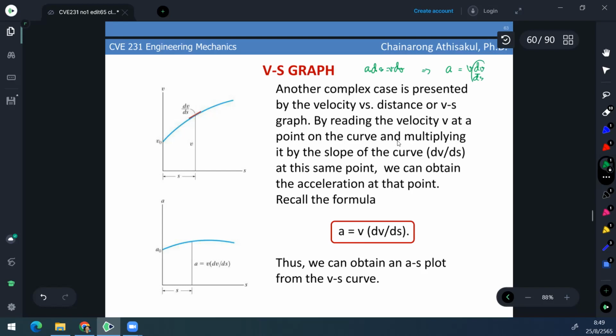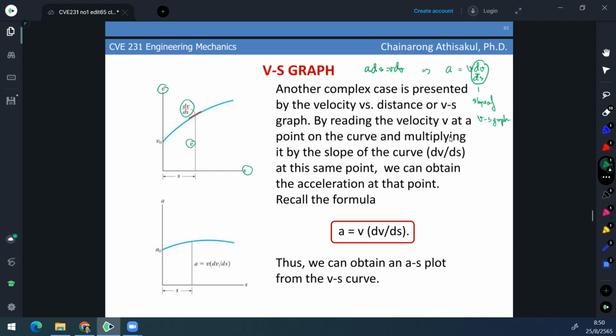This means that dv by ds is the slope of the v-s graph. So if we have the v-s graph, the slope of the graph multiplied by the velocity at this position gives us the acceleration.